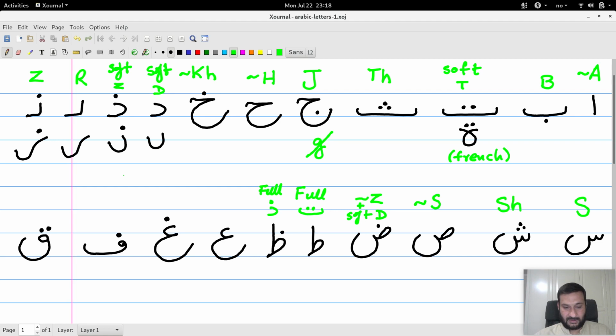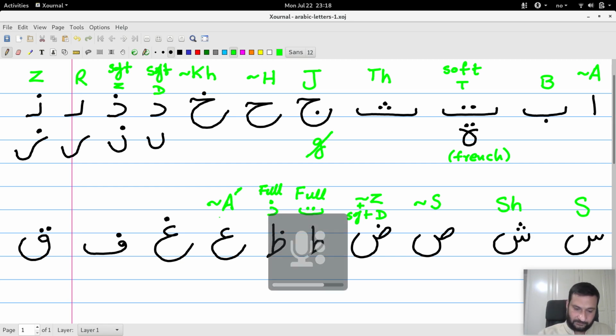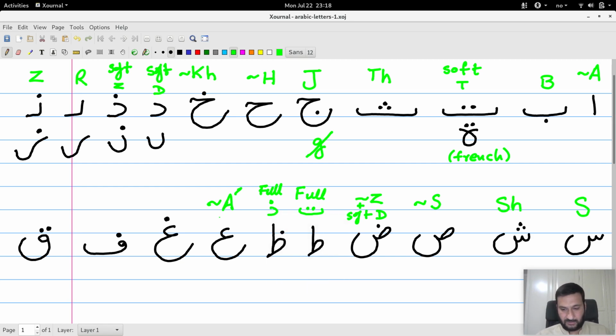And then comes ayn. Ayn doesn't exist. You can say it can resemble a with an accent or whatever you want to put on it to differentiate between a simple alif and ayn, but this is what you can mostly resemble it with.